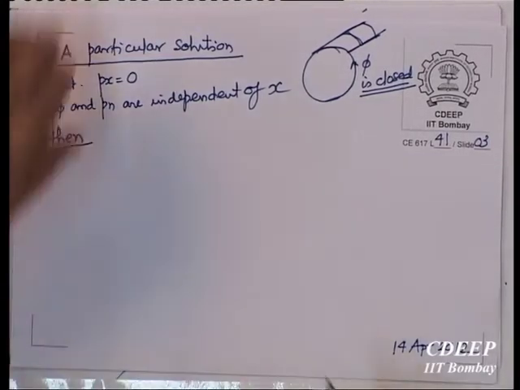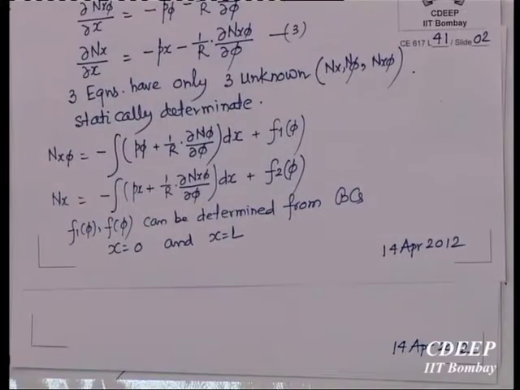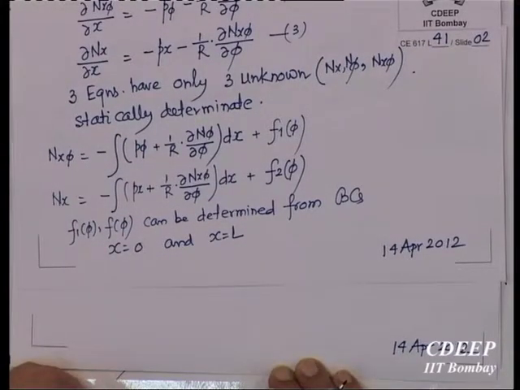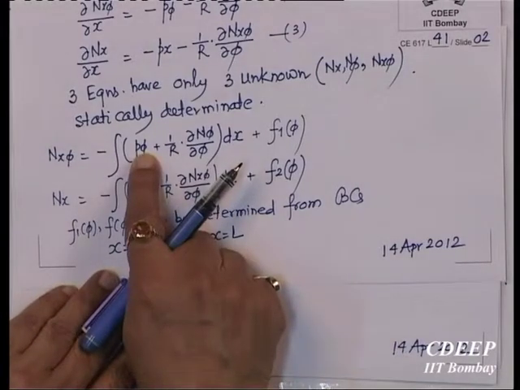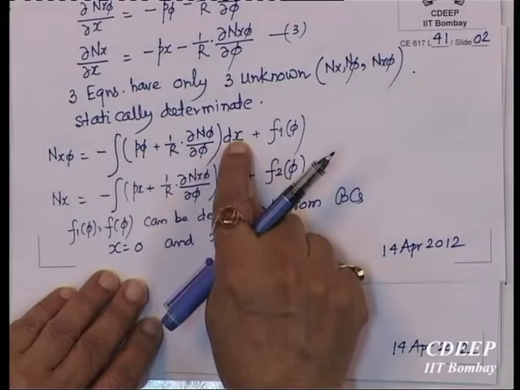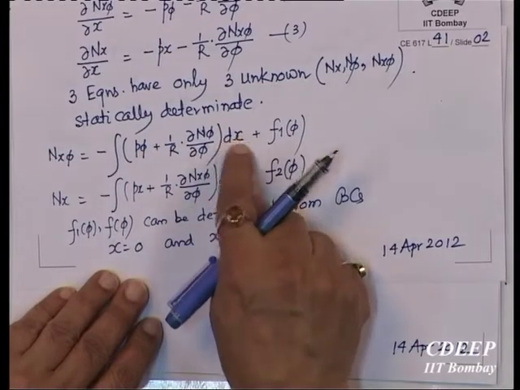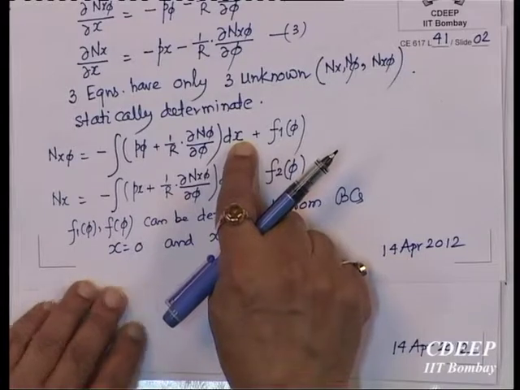Now let us see. If P phi is independent of x, then the integral of dx will just become x.